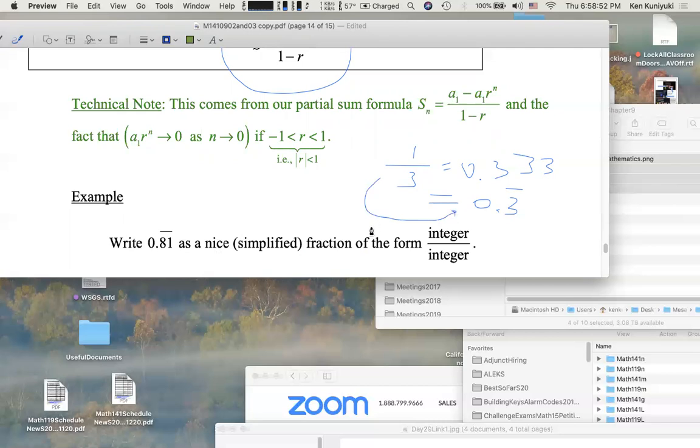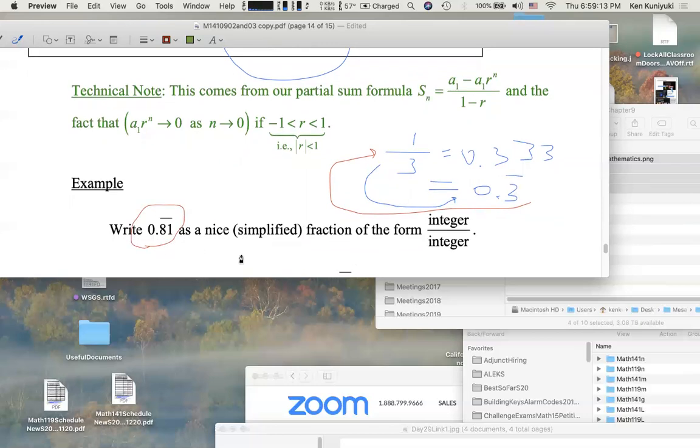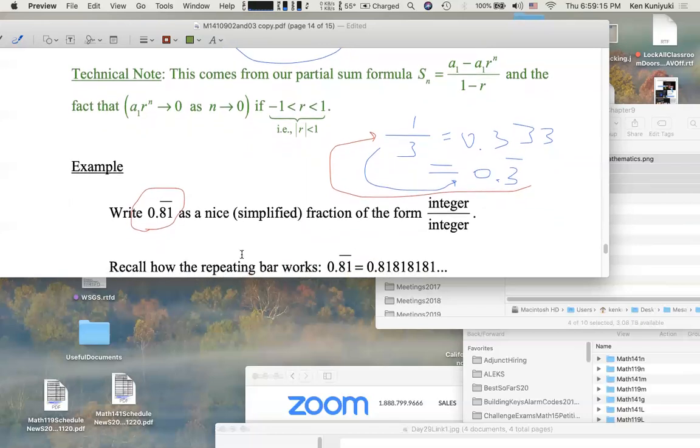Now, in calculus, you often do the inverse problem, like we did with partial fractions. I give you a repeating decimal, you find the corresponding nice fraction, integer over integer. So this is a property of rational numbers, right? They can be written in either form. Well, this is a number that can be represented as the sum of an infinite geometric series.